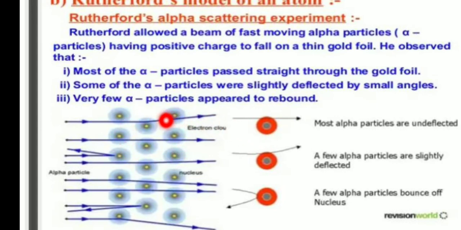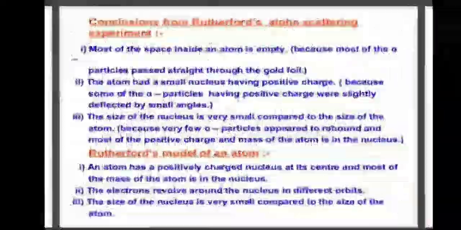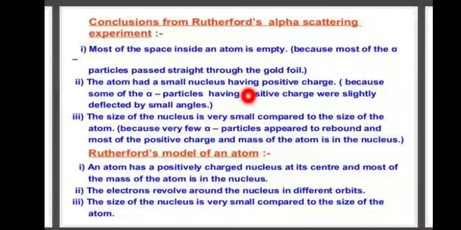Look at the picture. First one, most alpha particles are undeflected. A few alpha particles are slightly deflected, and a few particles bounce off the nucleus. Conclusions. Most of the space inside an atom is empty because most of the alpha particles pass straight through the gold foil.